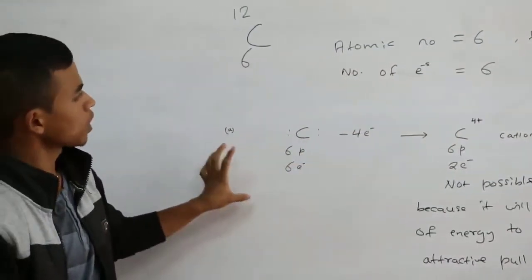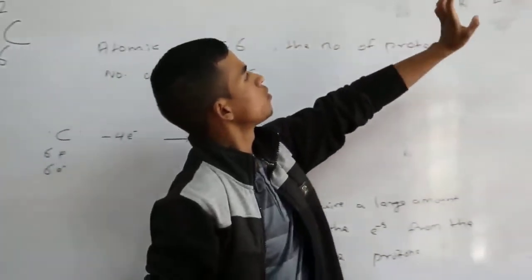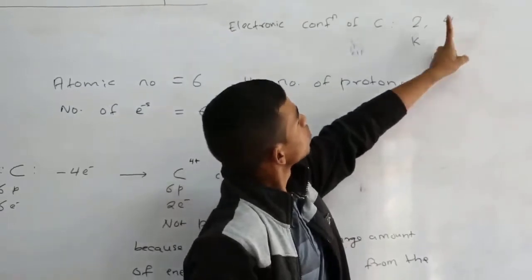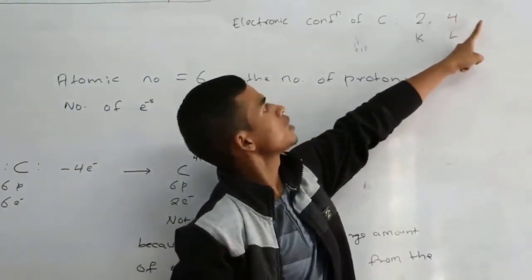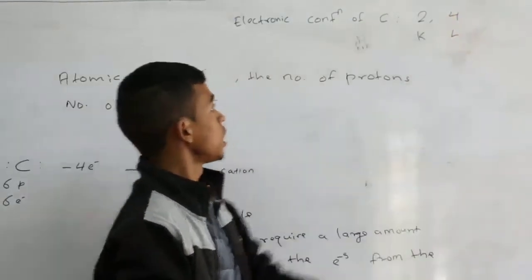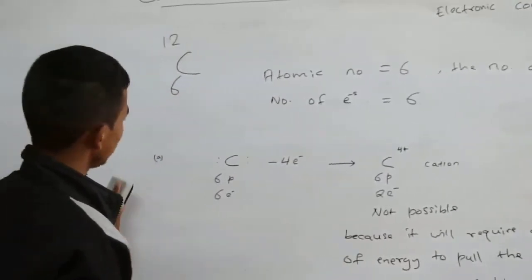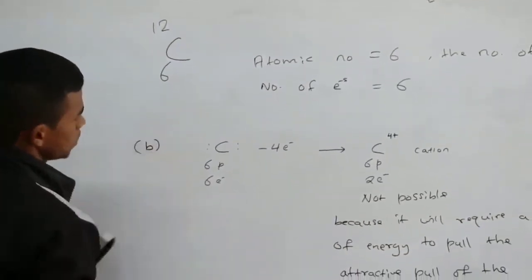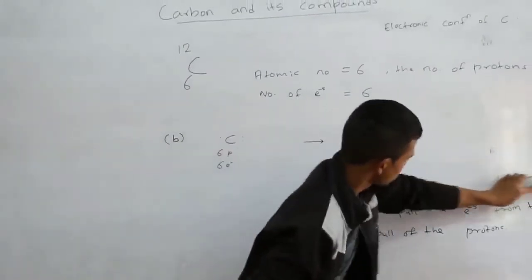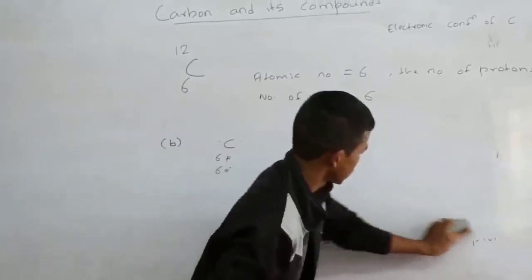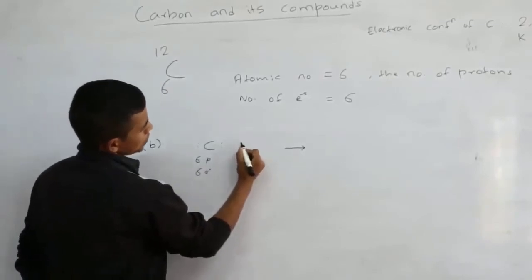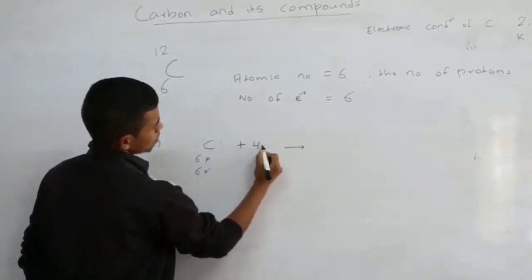So let's look at the other case where we can have 4 more electrons added to this carbon atom, so that this outermost shell will have that octet structure completed. Let's have a look at that case, number B. Suppose, if possible, carbon gains 4 more electrons.